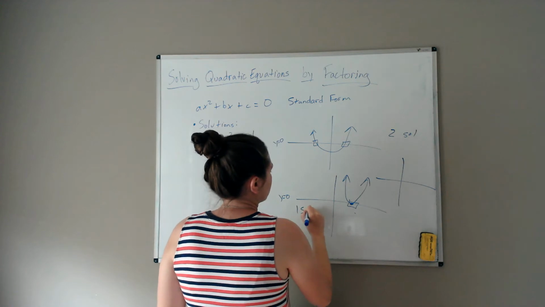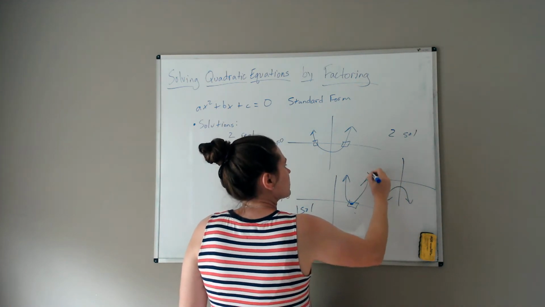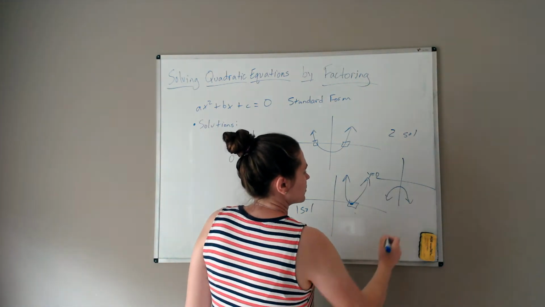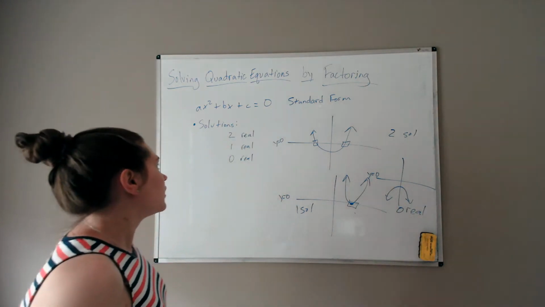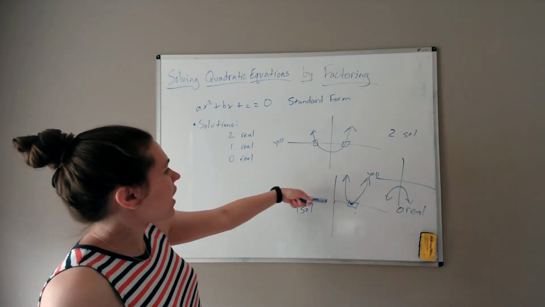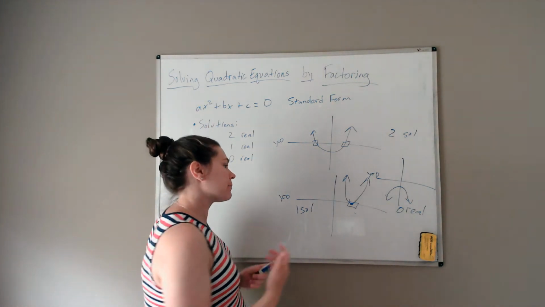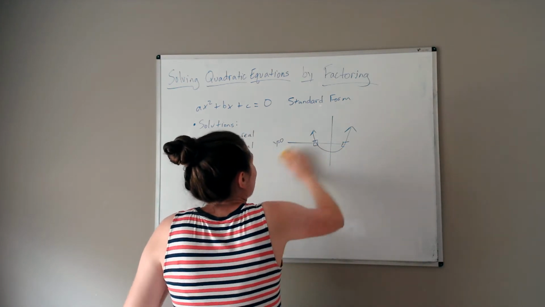This is 1 real solution. If you were to graph it, this is y equals 0, how many x values on this graph have an output of 0? No real x values. So this is the reason, graphically, how we can show the types of solutions we can get. So what we're going to go over is solving by factoring only.